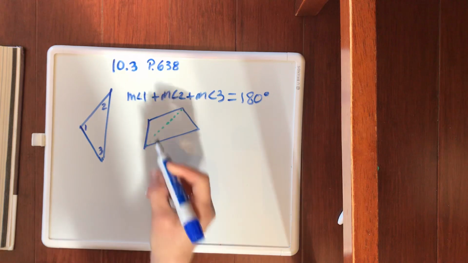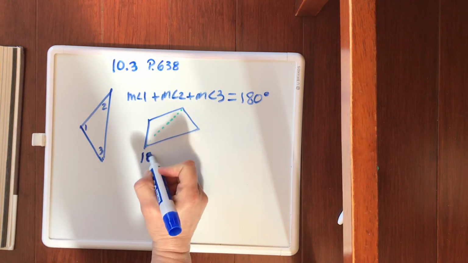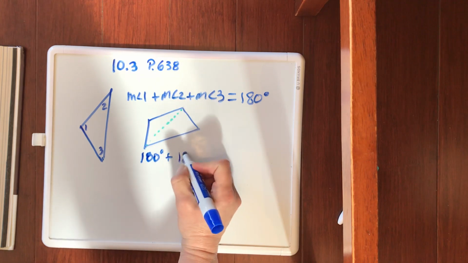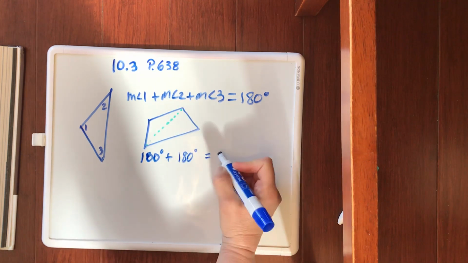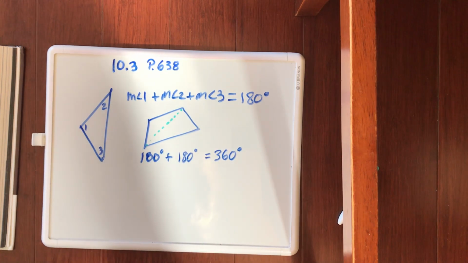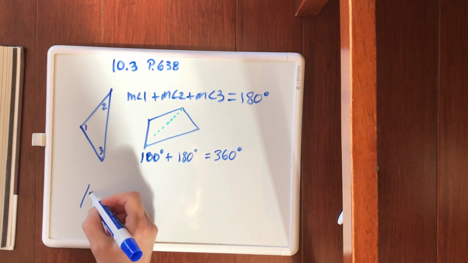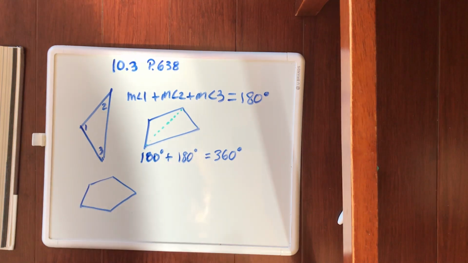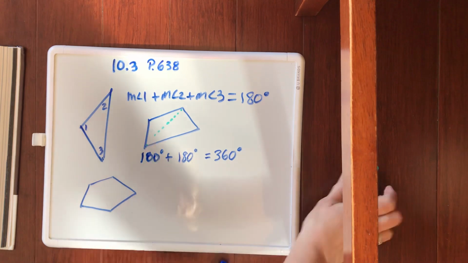So what do we have? We have 180 degrees for the triangle over here, plus 180 degrees for the triangle over here, and so that's 360 degrees. Okay, we can do the same thing. Let's say we had a 5-sided shape, and I'm just going to make 5 sides. All right, can we put triangles in there?